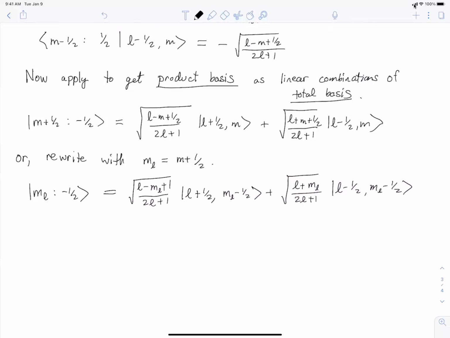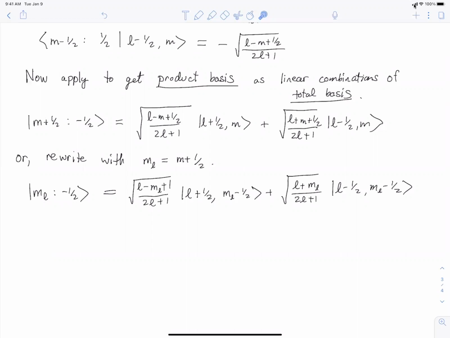Okay, so what we've done is we've used the Clebsch-Gordan coefficients, but we've just rewritten them in a constructive way so that we get any product state as a linear combination of the total angular momentum basis states that contribute. So notice we can tell which ones contribute because we know the first angular momentum z component and the second angular momentum z component add up to M sub L minus 1/2.